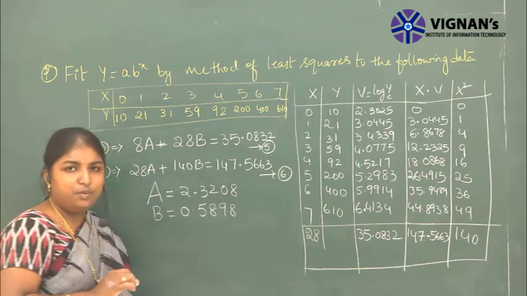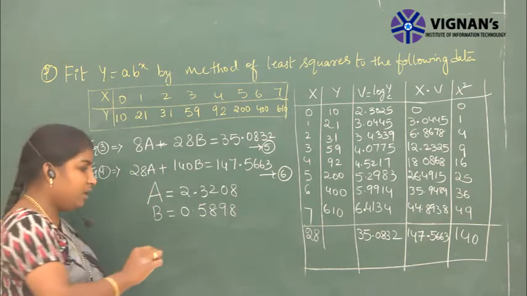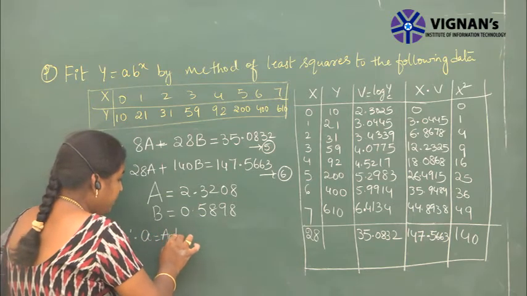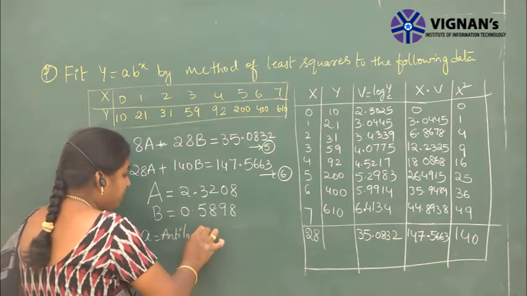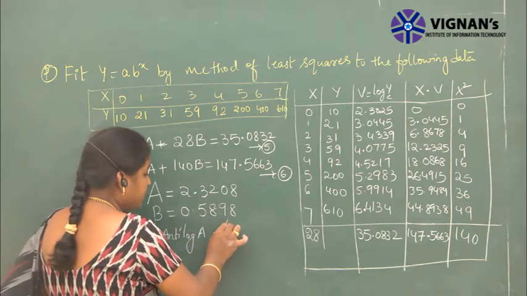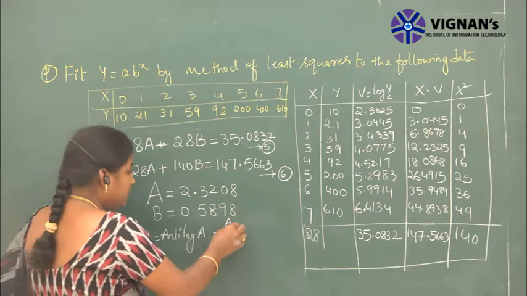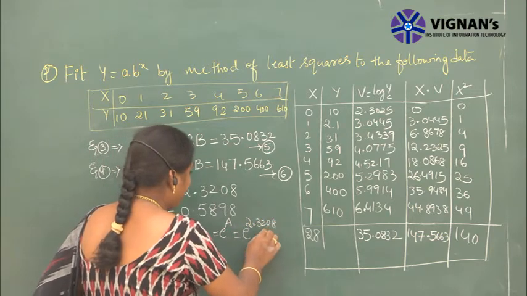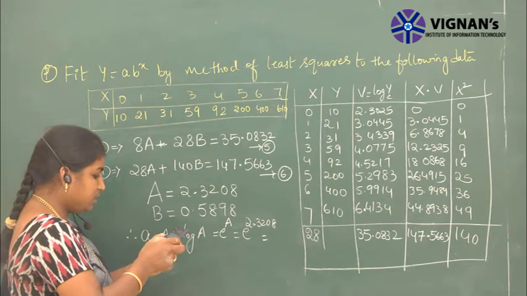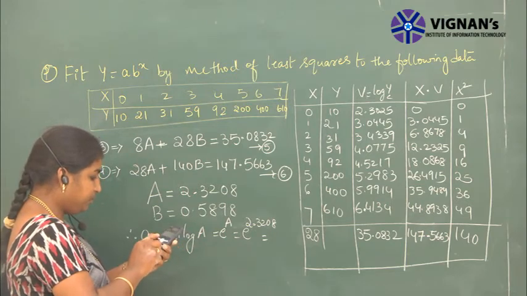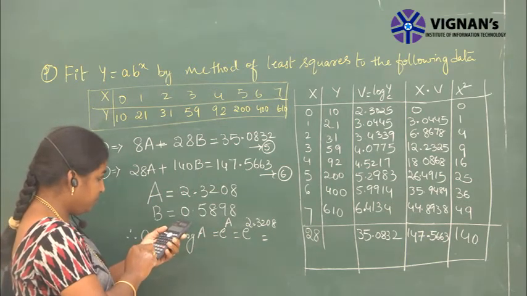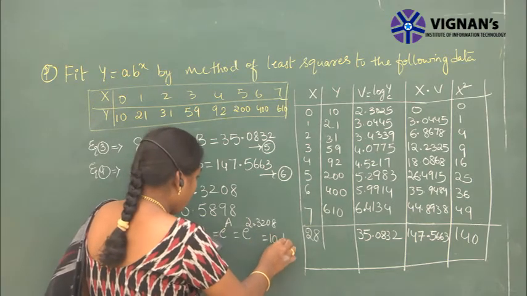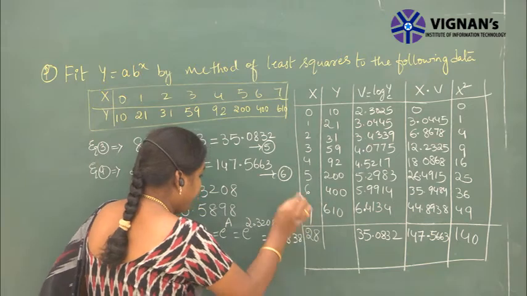But here we want small a and small b. So small a equals the anti-log of capital A, which can also be written as e power capital A. That is e power 2.3208, which is 10.1838.